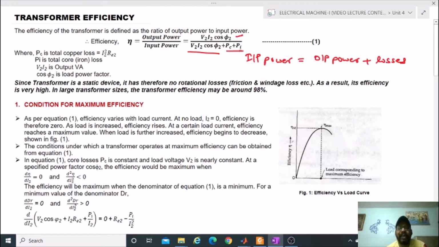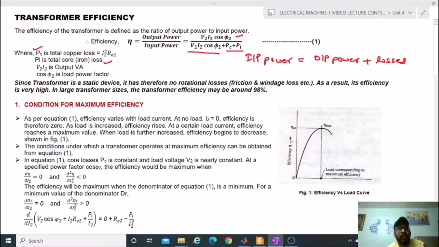iron losses and the copper losses. So in this formula we have Pc, the total copper losses, that is I2 square into Re2. Pi is the total iron losses or core losses, and V2I2 is the output VA, and cos phi 2 is the load power factor.